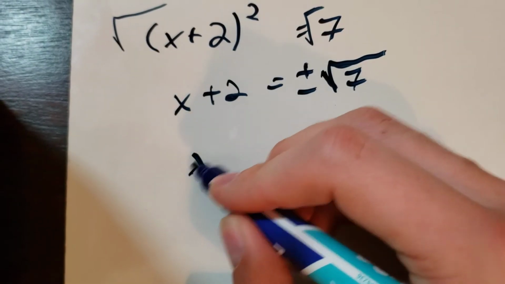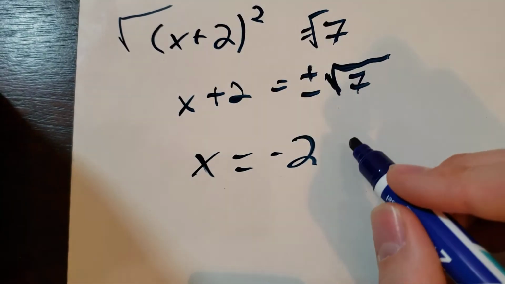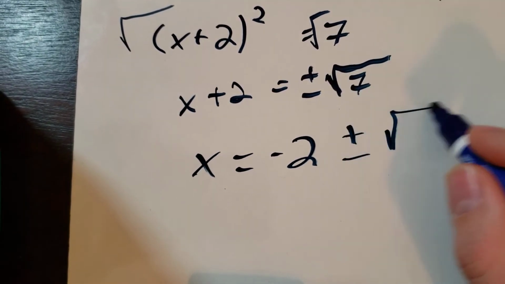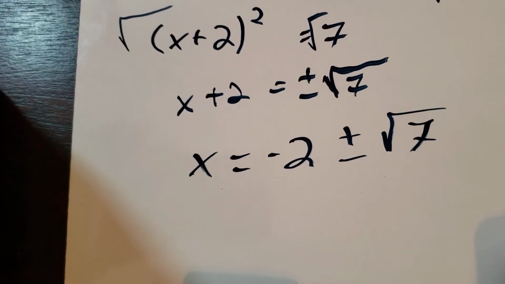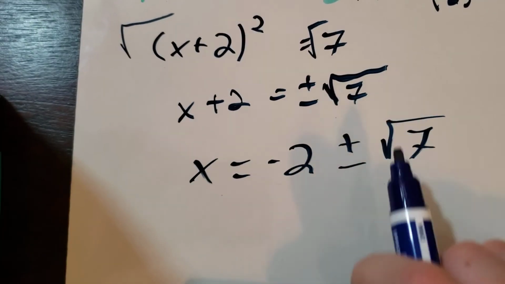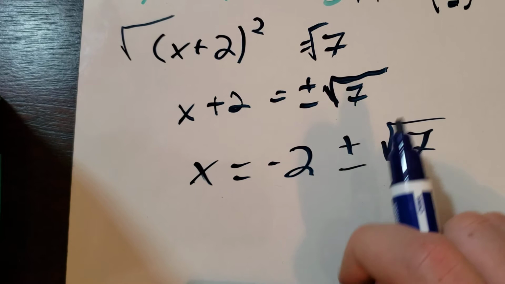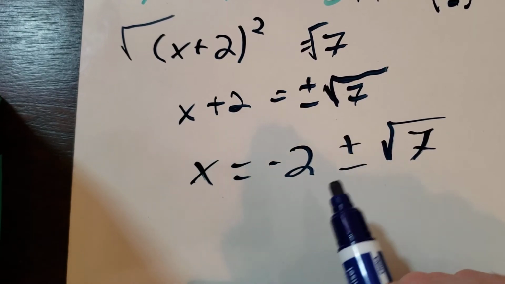So I know x is going to equal negative 2, right? I subtract 2 from both sides, plus or minus square root of 7. I cannot simplify this, so I'm going to leave it in my radical. Negative 2 plus or minus square root of 7.